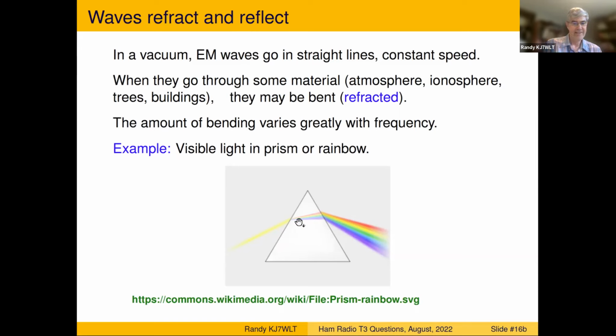All of the bending in this case is actually happening at the interfaces where the wave hits the glass prism, and at the other end as it goes out of it. So it's a constant trajectory, bent as it enters, bent again as it exits. But it is true that the different frequencies are bent by different amounts at each of those interfaces, and so they spread out like this.